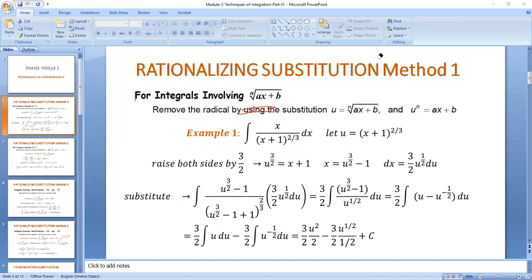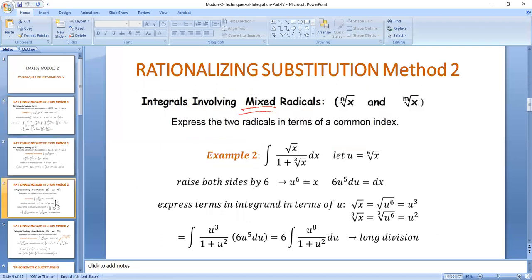In the next slide, method 2 is mixed radicals. So not just one, but two. And they are not the same. So one is nth root, the other one is mth root. This could be square root, this could be cube root. This could be cube root, this could be fifth root. So mixed. As an example, you see here.